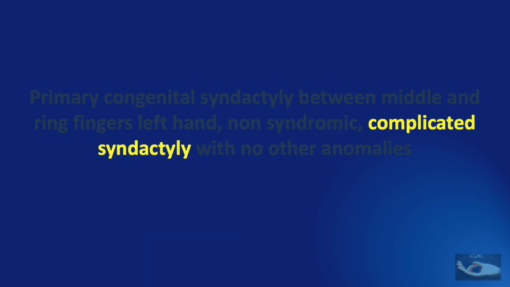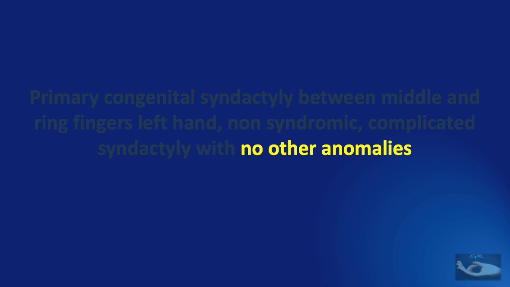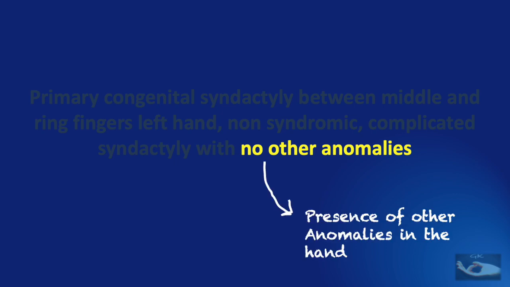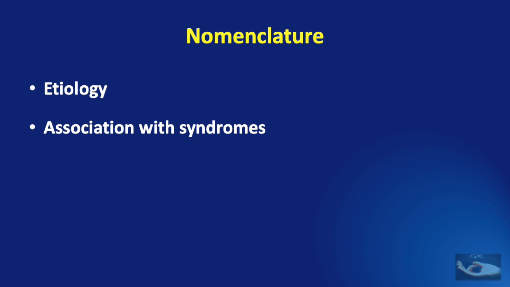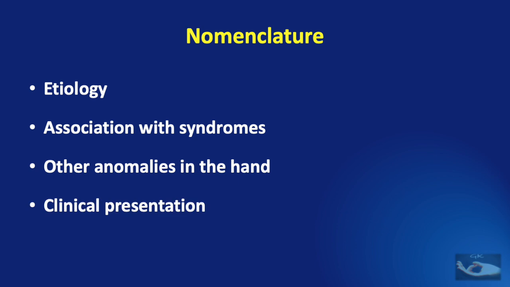The term complicated refers to the clinical presentation, and the term no other anomalies refers to the presence of other anomalies in the hand. So if we need to study about the clinical diagnosis of syndactyly, we need to know four things: the etiology, the association with syndromes, the association with other anomalies in the hand, and the clinical presentation.